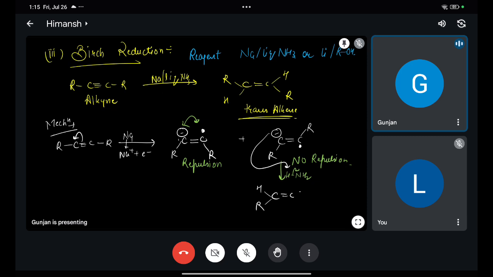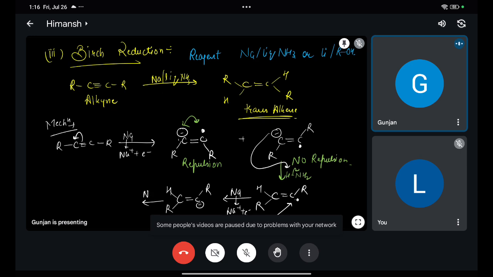H, R, this radical. The radical will get one more electron from Na, which converts to Na positive and an electron. That electron will be taken by this radical, and together they form a negative charge. This negative charge will be further attacked by NH3.